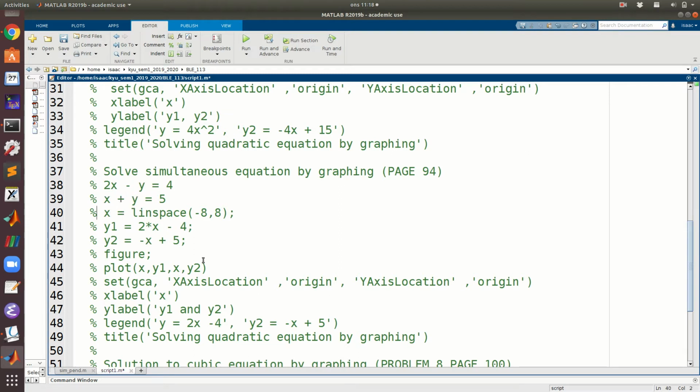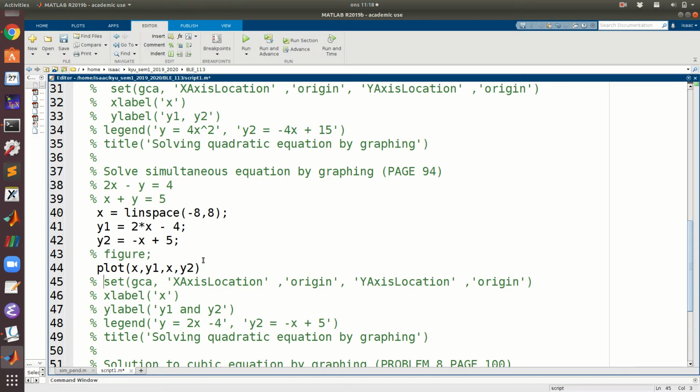So we know what linspace is going to be here, the values on the x-axis, and then for the one line, of course, you make y the subject here, and then we plot the line 2x minus 4. And then from the next equation, x plus y equals 5, you make y the subject. So we just call it y1 and y2 to differentiate, and then we are going to plot x versus y1 and x versus y2.